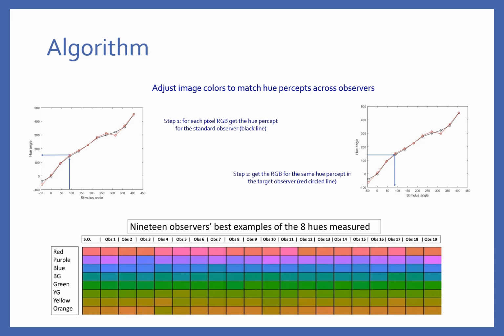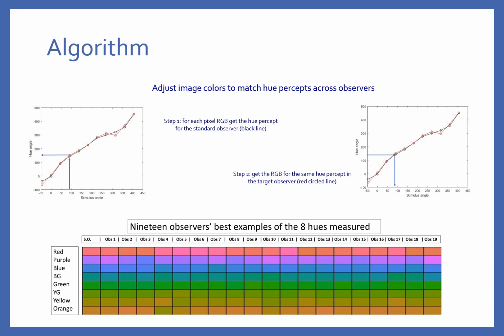So from his or her hue perceptual angle, we got the corresponding pixel RGB values. In this case, it is the red line. This is only for observer 1, for example, and we can see that the variability is greater, especially at this part and this part of the color spectrum.